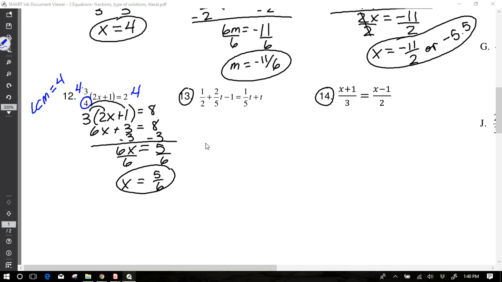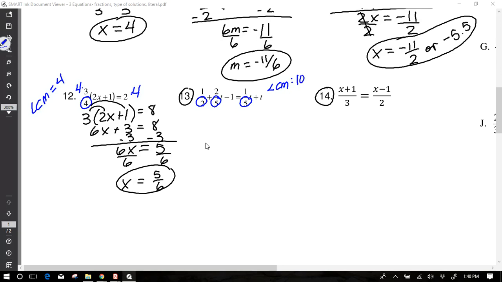I want to look at all the denominators and I want to figure out what my LCM should be. So 2 and 5, the smallest number for 2 and 5, even though I have a repeating 5, it's still just the 2 different numbers. I've only got 2 different numbers here. So 2 and 5 is going to be 10.